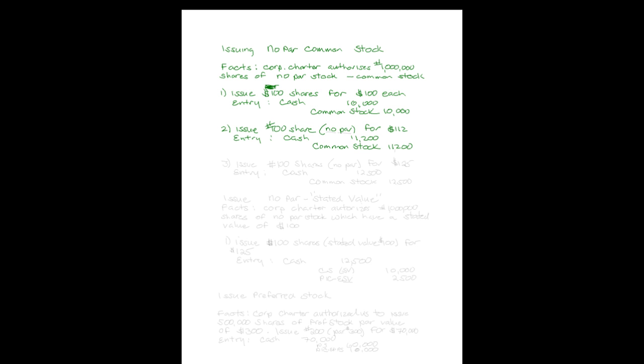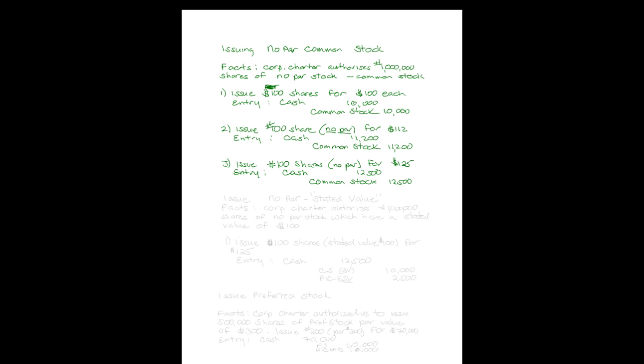And notice there is no contributed capital in excess of par because there is no par. It's not very common. That's why I torqued it. Our third example, I think we issued 100 shares of stock of our no par variety for $125 a share. How about you put me on pause and make that entry?